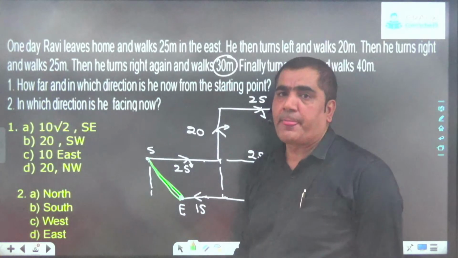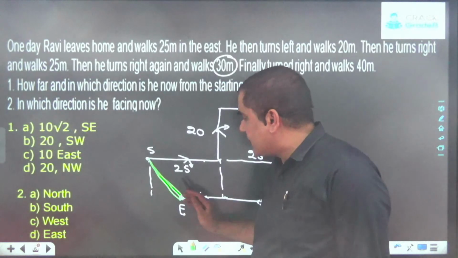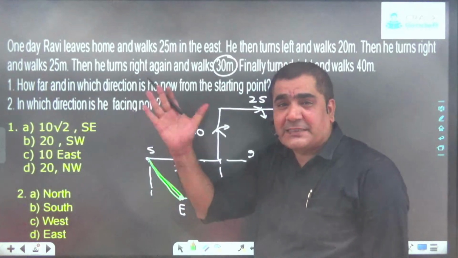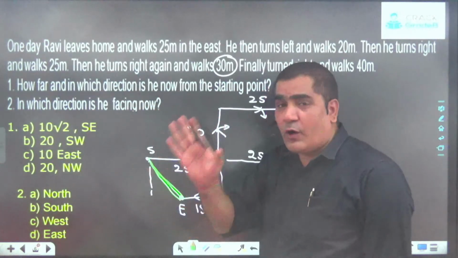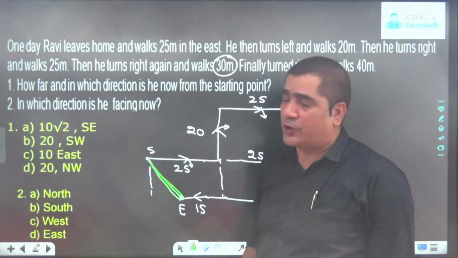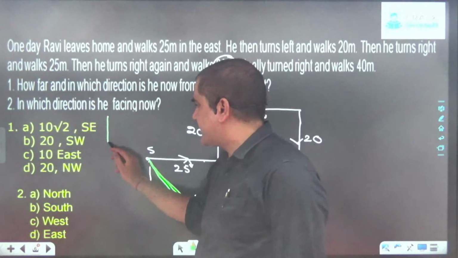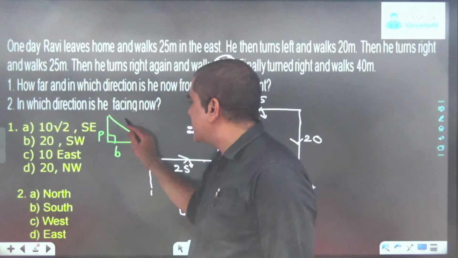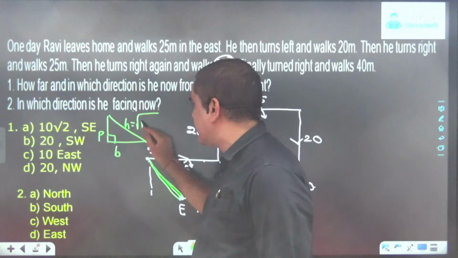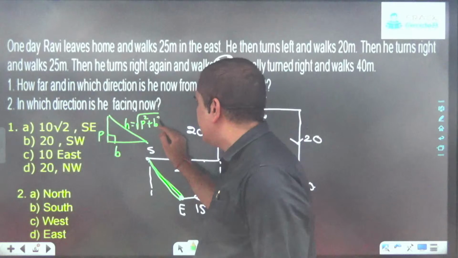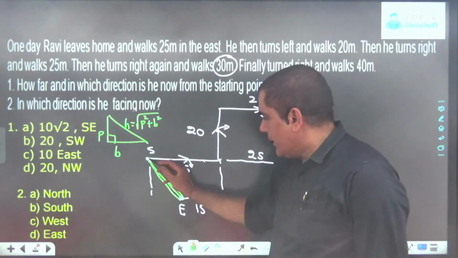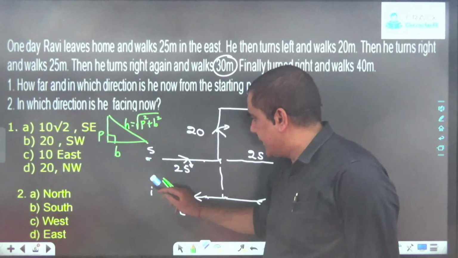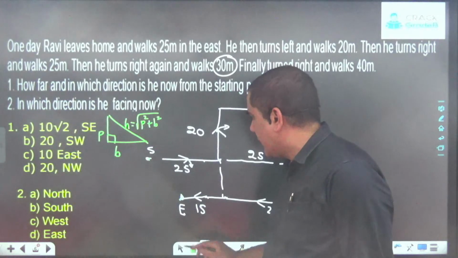You have to find. Now after joining these 2 points, if the line comes out to be a slant line, always you have to go for Pythagoras theorem. Pythagoras theorem states that if this is the right angle triangle, this is P, this is B, then H squared is equal to P square plus B square. Now just see, this is a slant line. So now I have to go for Pythagoras theorem.